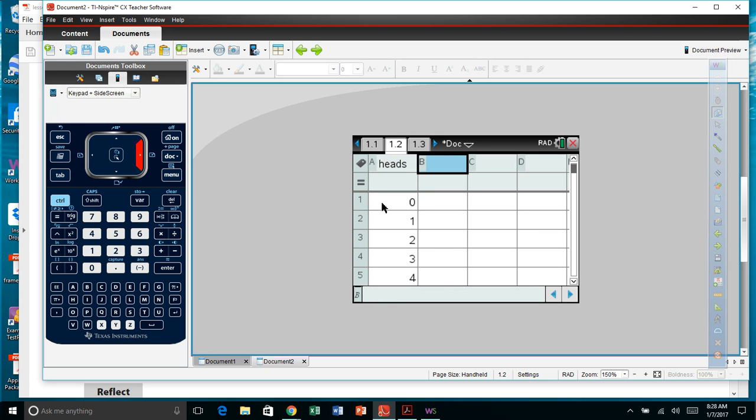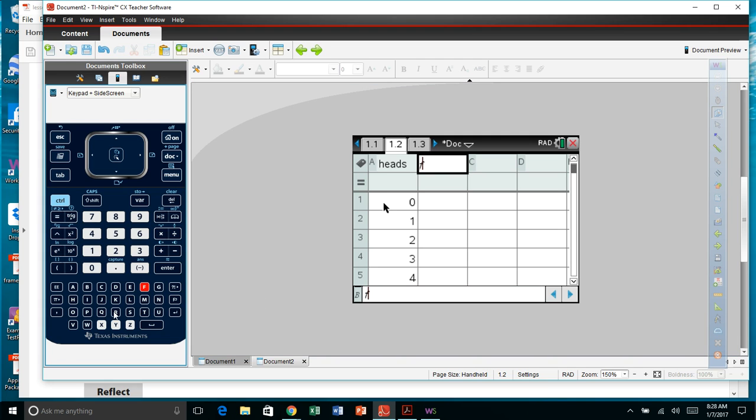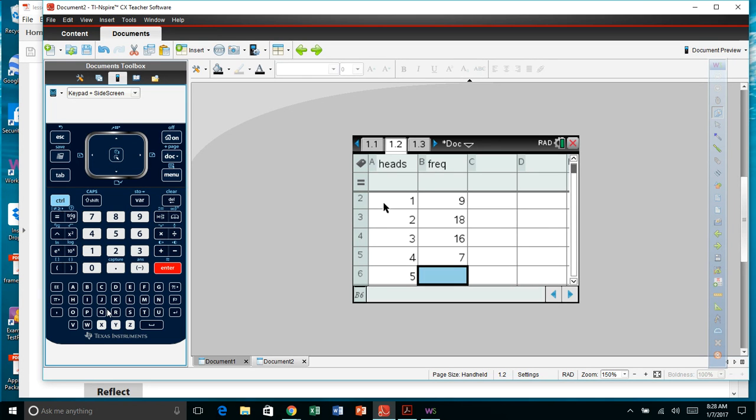All right. And then here we'll put frequency, FREQ. And frequency was 5, 9, 18, 16, 7, and 5.